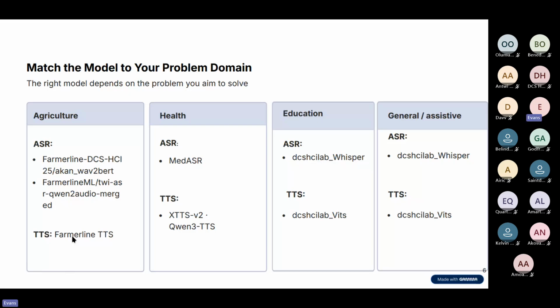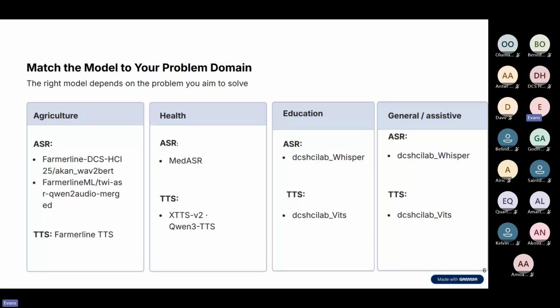And also for health, there is a model out there, medical ASR. You can fine tune on it. Some people have tried fine tuning on it, so you can explore. So it's all about exploring, right? And then TTS to Quen has a model that is based on health, but then it's not in our local setting.